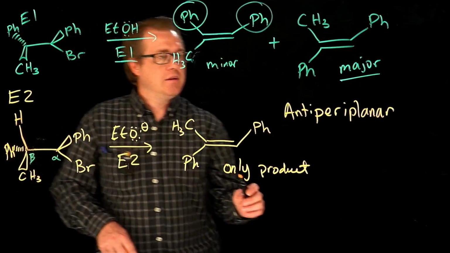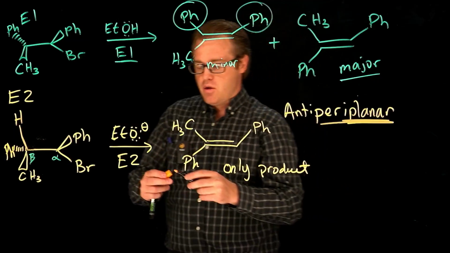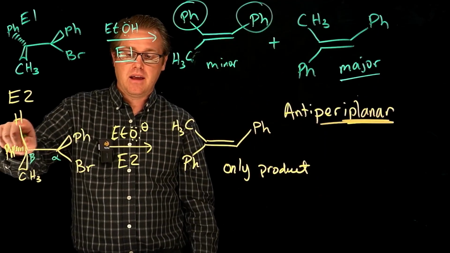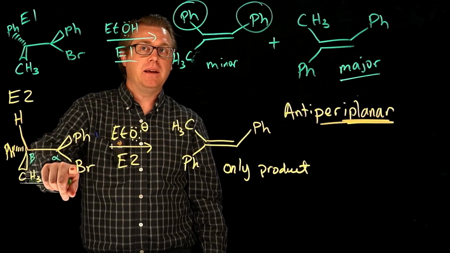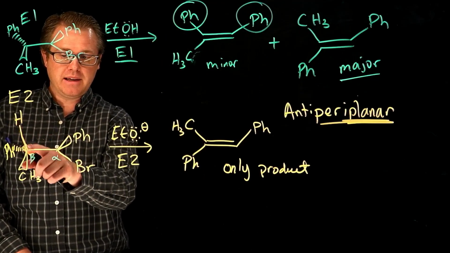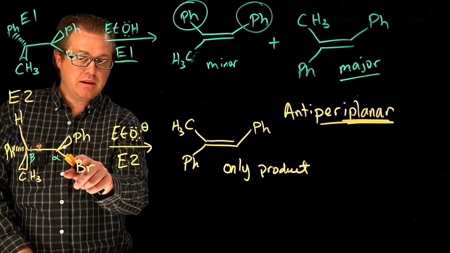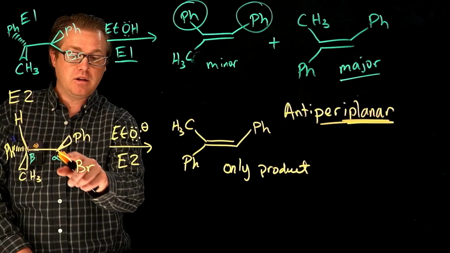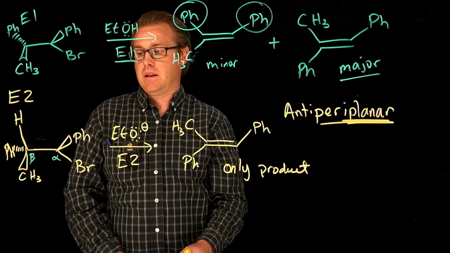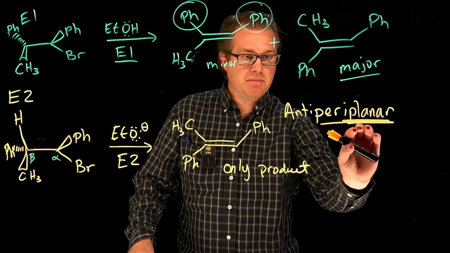So, this periplanar thing right here, what that's looking at is that the hydrogen and the leaving group have to be in the same plane. Do you see how the hydrogen-carbon bond is just a line, and then the leaving group that's attached to the carbon is just a line? That's implying that it's in the same plane. And so that's that part, okay? It has to be in the plane.